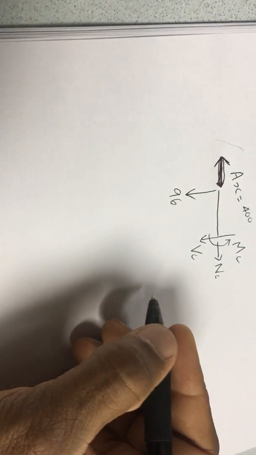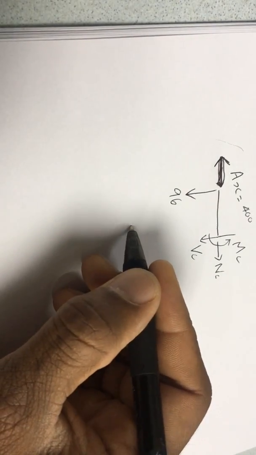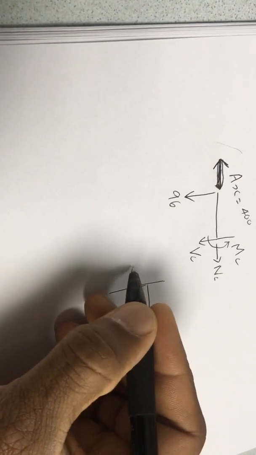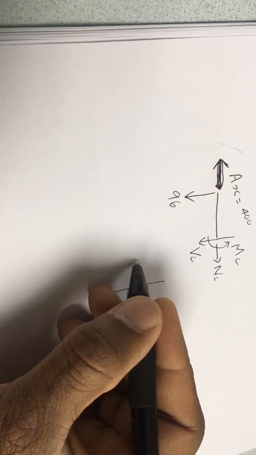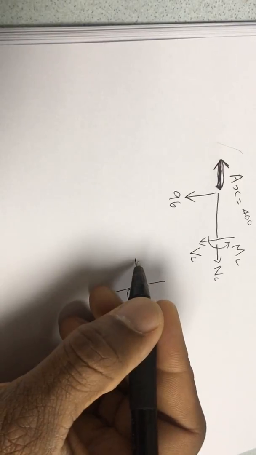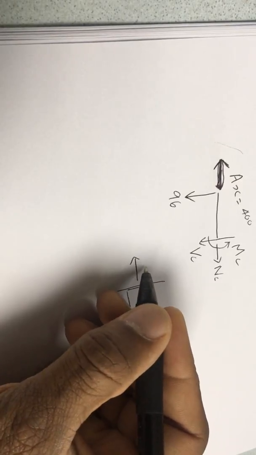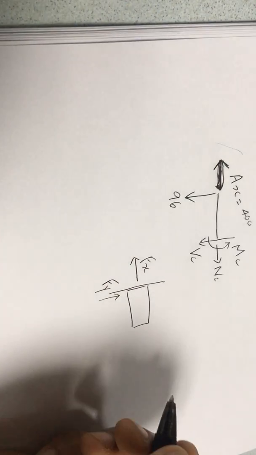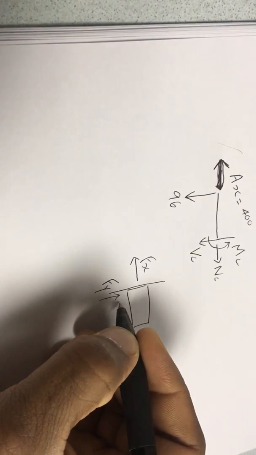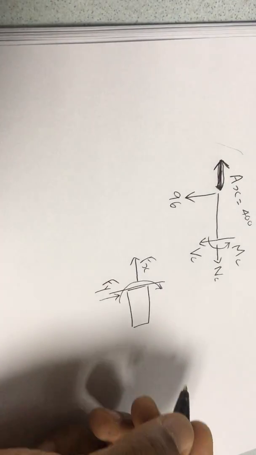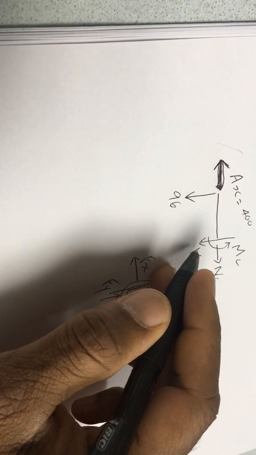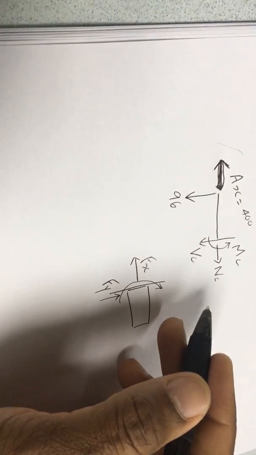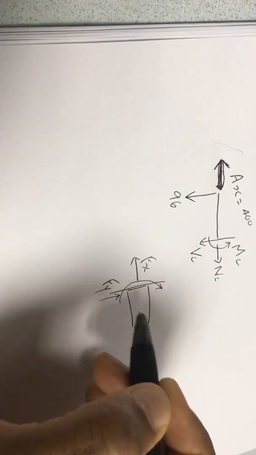If you remember the wall support, when you have a wall support, you have the X component of the force, and you have a Fy component of the force, and you also had the resistive moment. So when you actually take a cut along a beam, you treat it like you would a wall section.